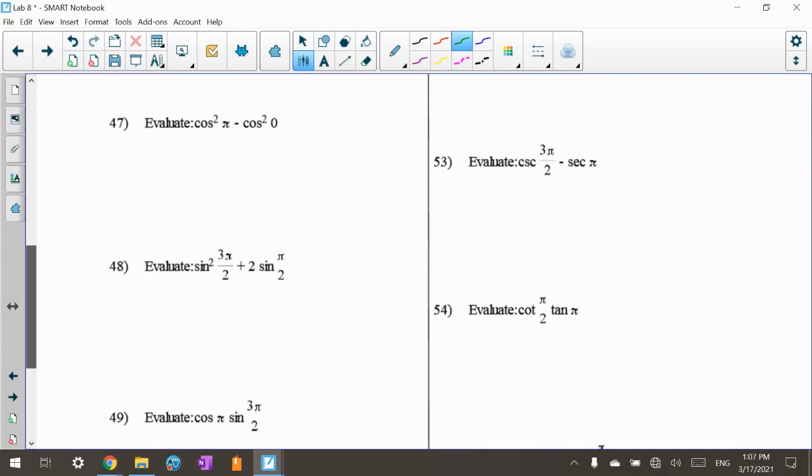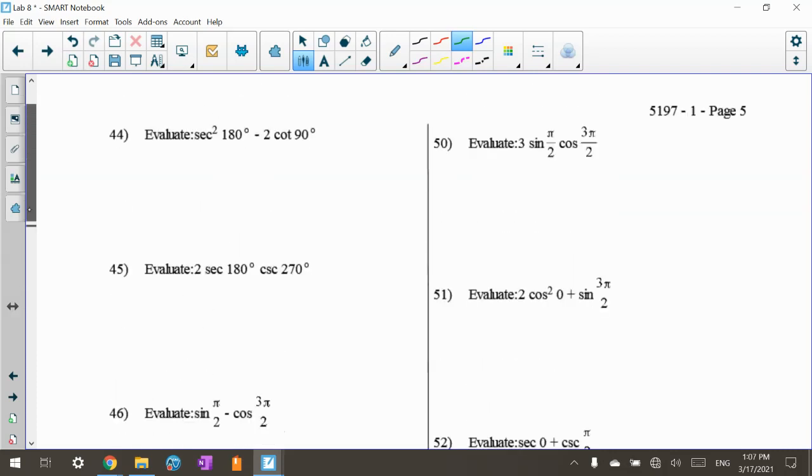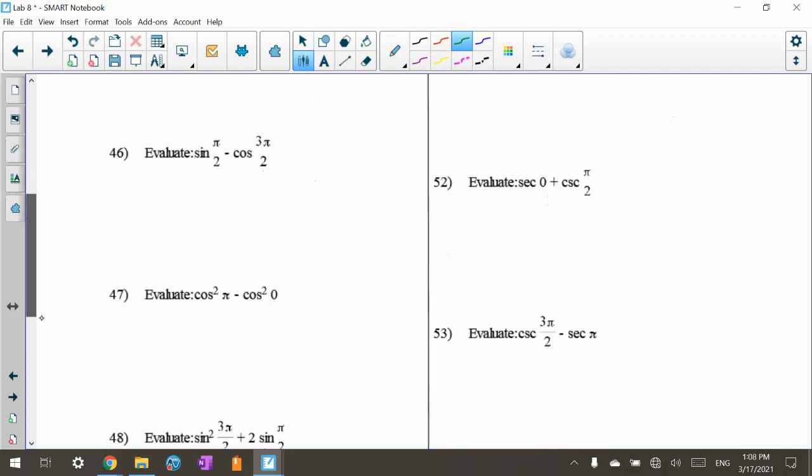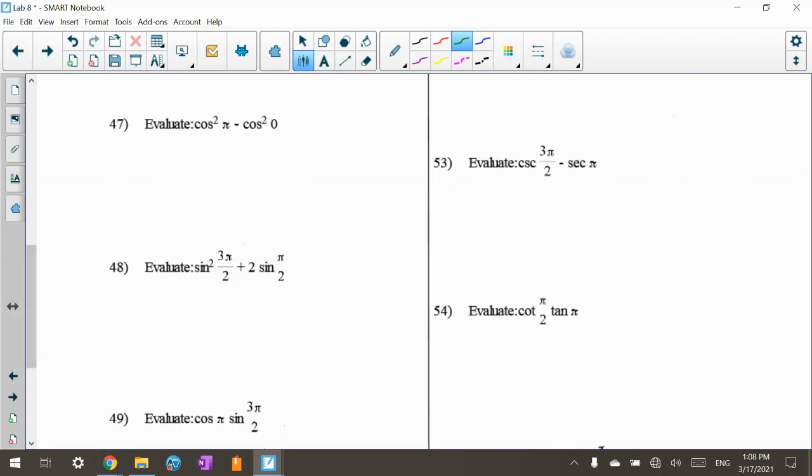So I'm going to start doing what I call ugly cousins, or your reciprocal functions. Let's do cosecant, number 53. They want to know the cosecant of 3 pi over 2 minus the secant of pi. Well, I do know that cosecant is the reciprocal of sine, and secant is the reciprocal of cosine.